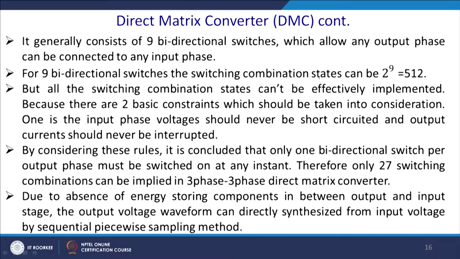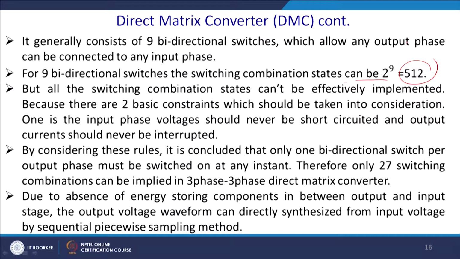The 9 bidirectional switches can have a high rate of redundancies. We can have as high as 2 to the power 9 combinations, that is 512 combinations.